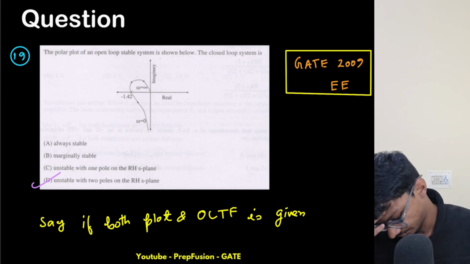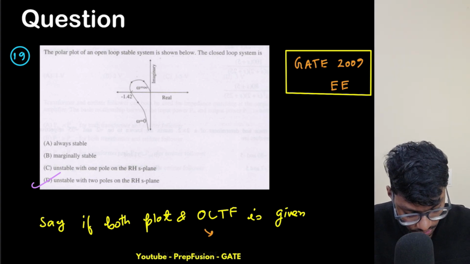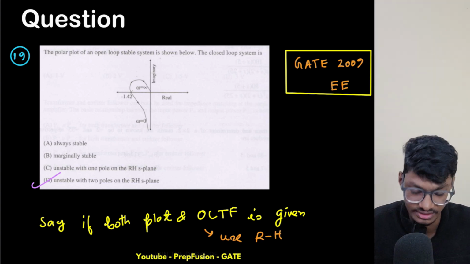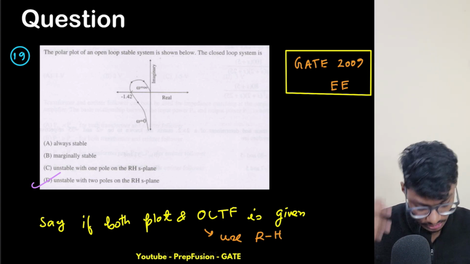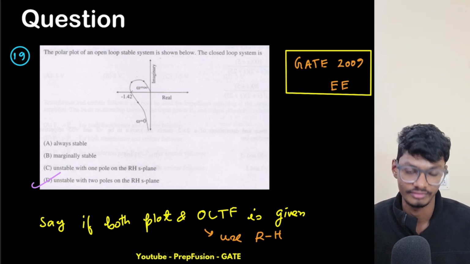This means basically that we can use the Routh-Hurwitz criteria, right? Simple Routh-Hurwitz. If it is a third order, you can solve it in seconds, right? So use Routh-Hurwitz and you will do it much better if you are comfortable with that, okay?